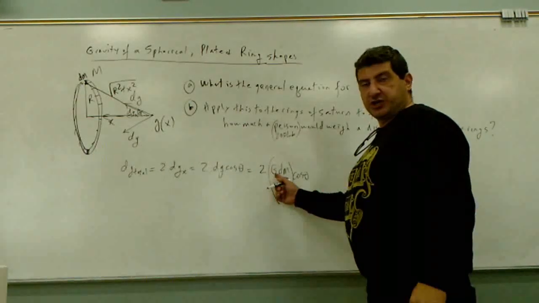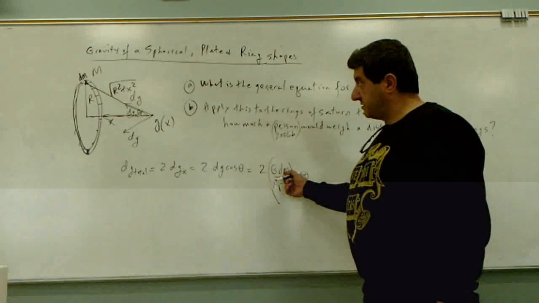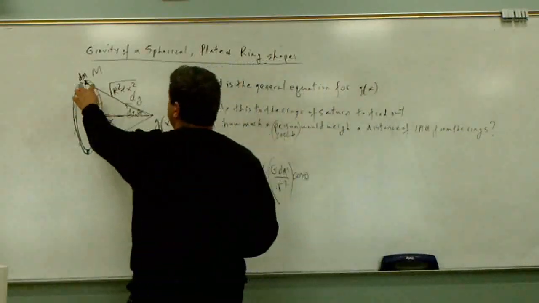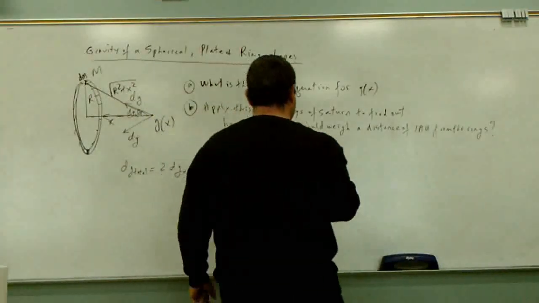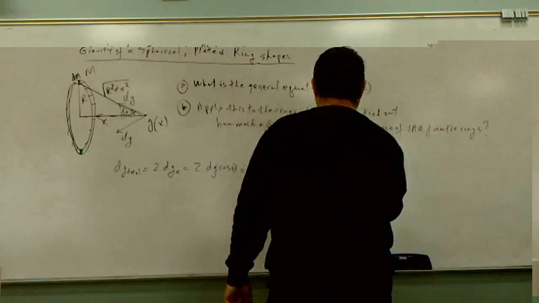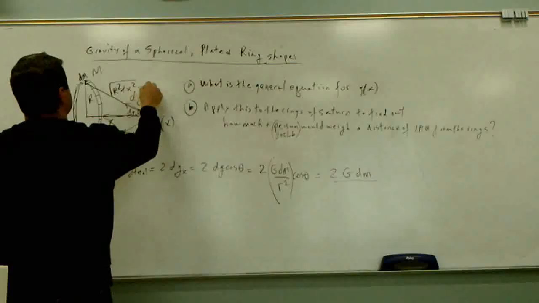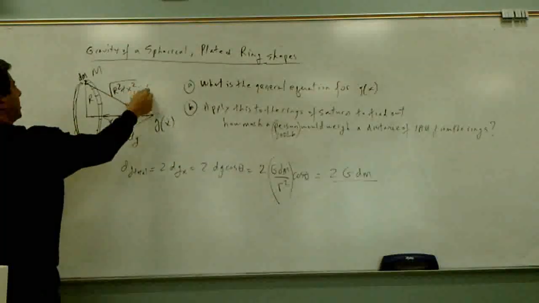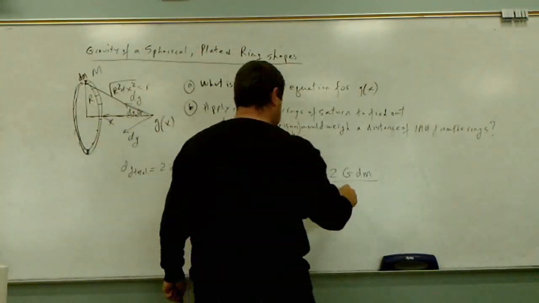Remember, the gravitational field created by a point mass is the gravitational constant g times the mass of that mass divided by the distance between this and this squared, right? So then you're going to have here 2g dm, and then r squared is going to be, this is r, right?